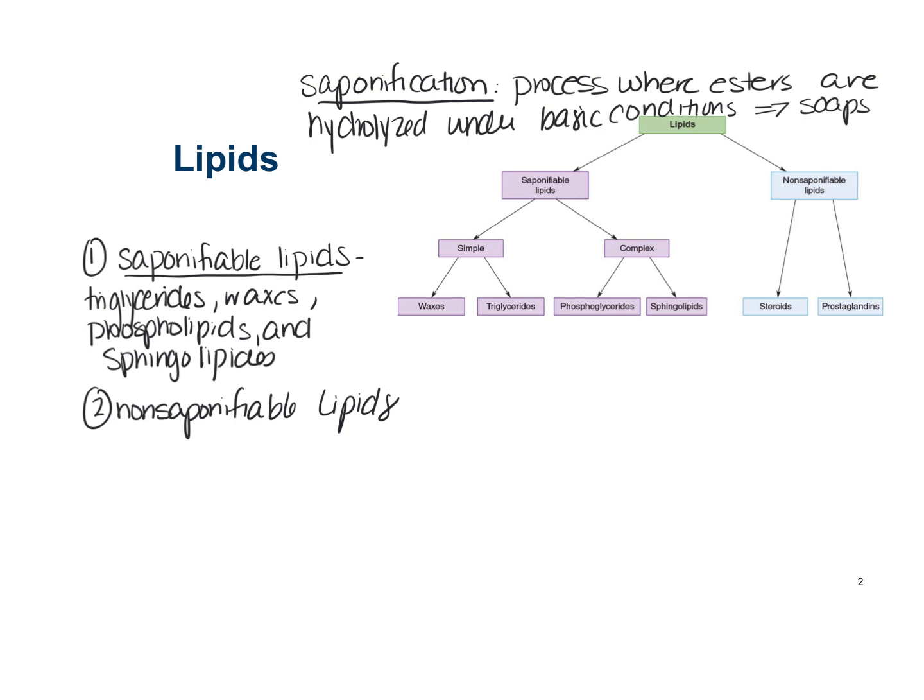Right? And all of these are esters. And so all of these can go through saponification. They are later divided into simple and complex. So we have the lipids here. Here are two categories. There are simple saponifiable lipids, which are waxes and triglycerides. And then we also have complex saponifiable lipids, which are things like phosphoglycerides and sphingolipids.